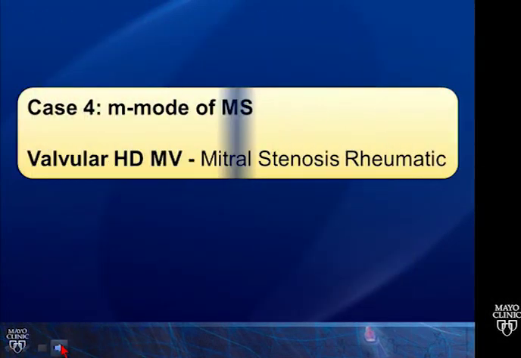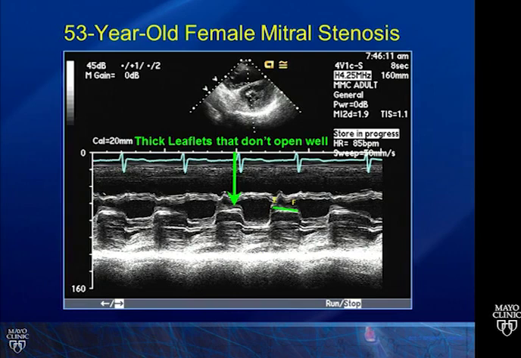But here's our answers that we decided to code on this M mode through the mitral valve. You saw the ice pick coming down through the right ventricle, through the ventricular septum, and then through the left ventricle, really highlighting this process of mitral stenosis.